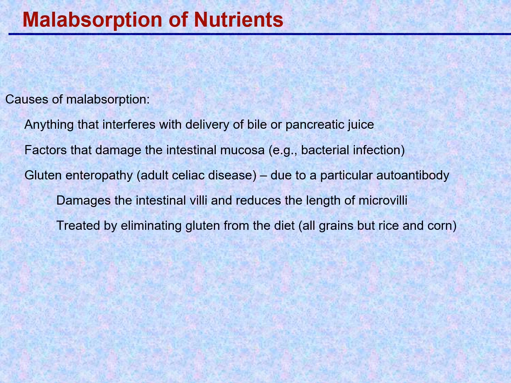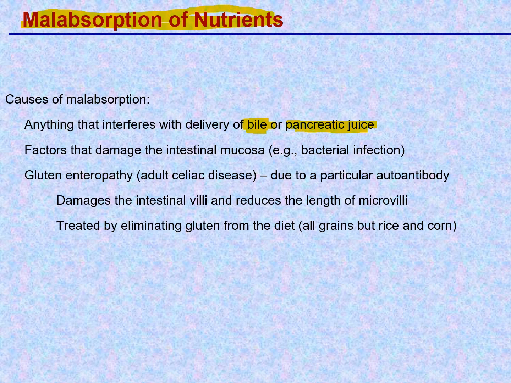This is the last slide. It involves malabsorption of nutrients. And I can tell you that it's a big topic. We're keeping it simple, but anything that interferes with delivery of either bile juice, remember not enzymes, but the important key thing it contains is bile salts, and pancreatic juice, which is several different enzymes.